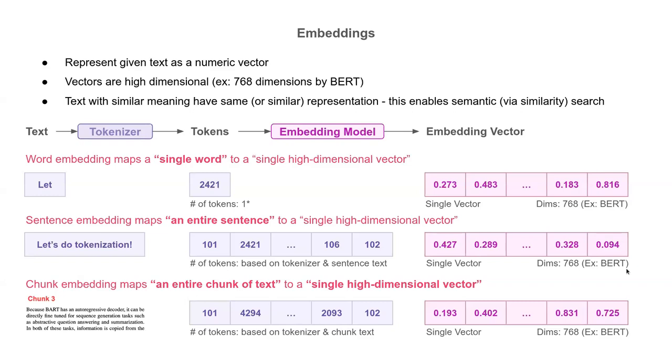So you can see that if a chunk grows big, the dimensions remain the same. It is just a single vector. So the information that vector represents will be less and less as the chunk size becomes larger and larger. That's a challenge we will come across in many applications when we want to do embeddings.